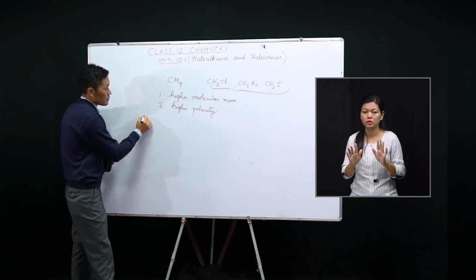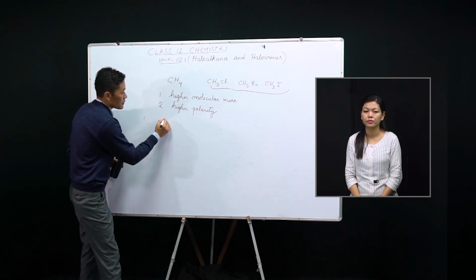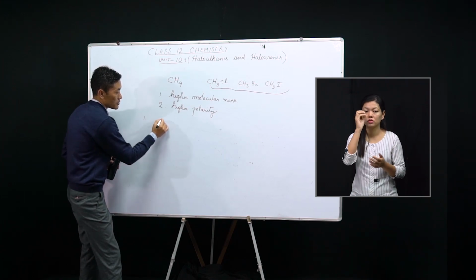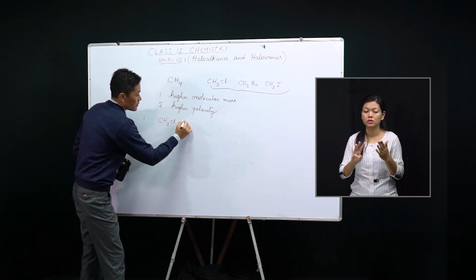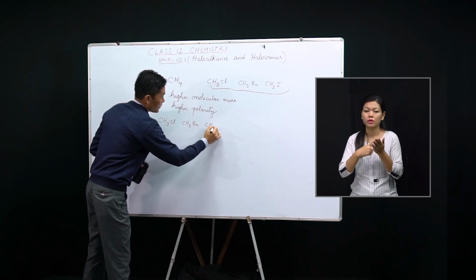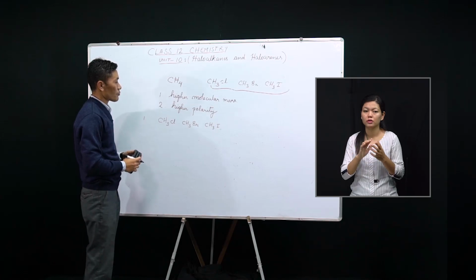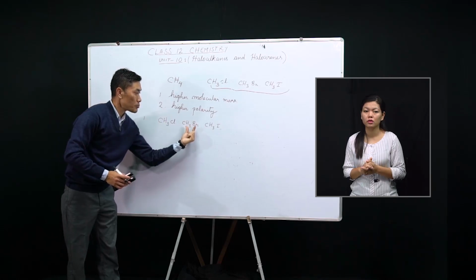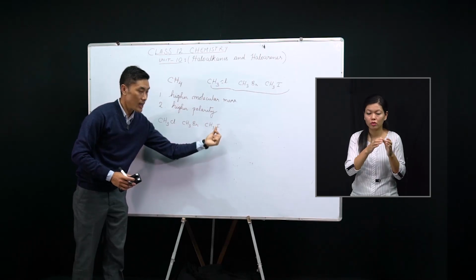The first point is that if we have compounds like CH3Cl, then CH3Br and CH3I, in this one we have the same alkyl group but different halogen atoms.